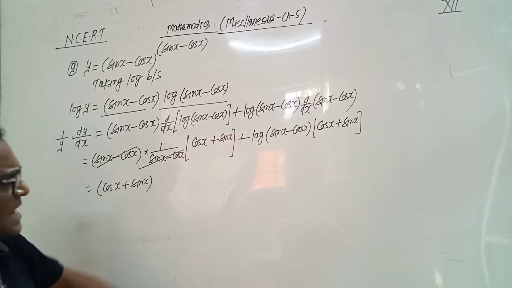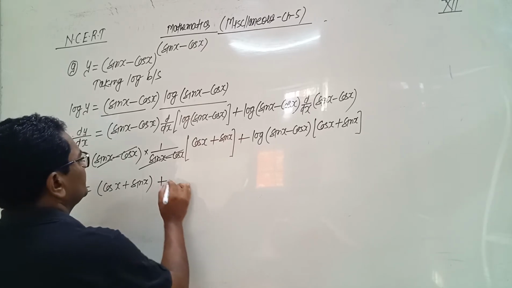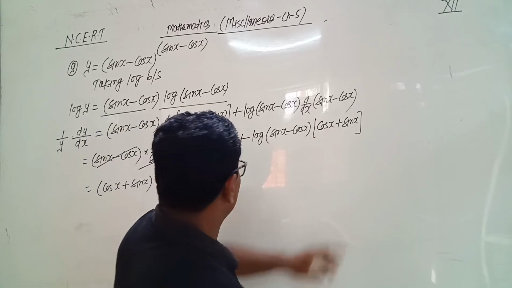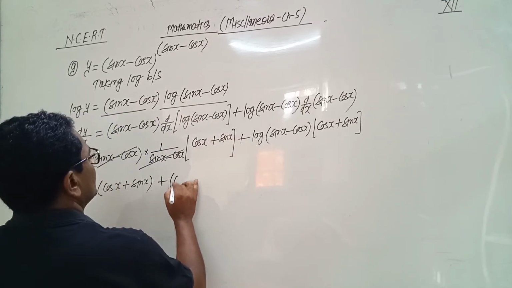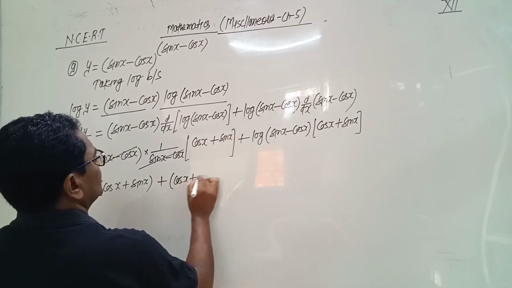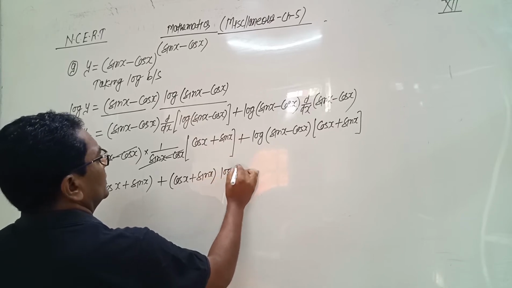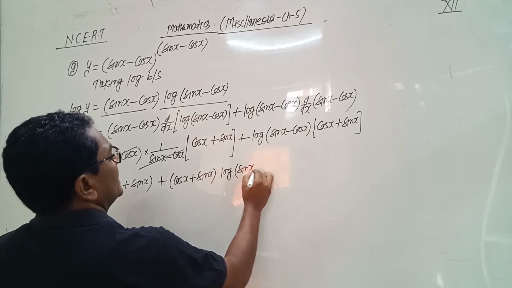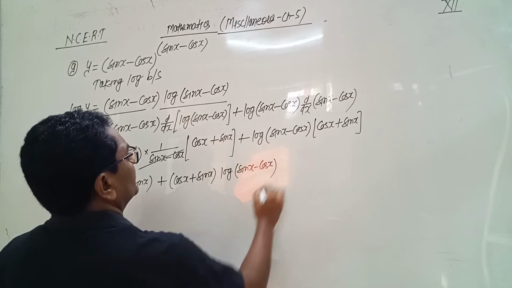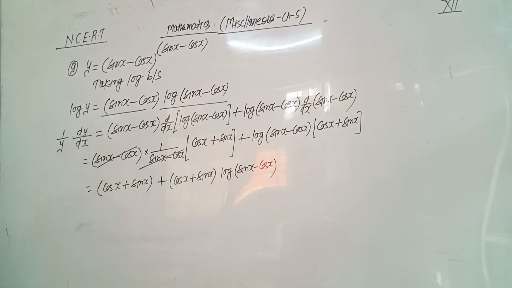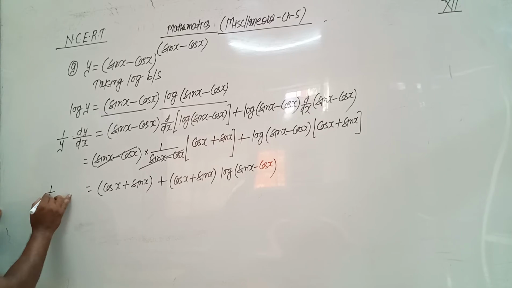Cos x plus sin x plus, this would be written first, cos x plus sin x and log of (sin x minus cos x), and this is 1 by y dy by dx.